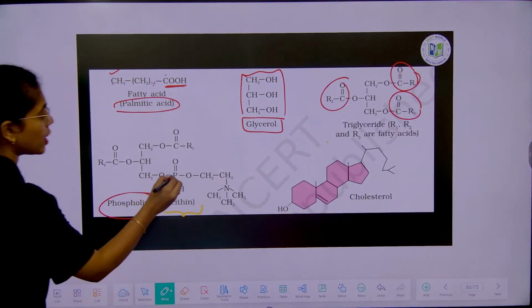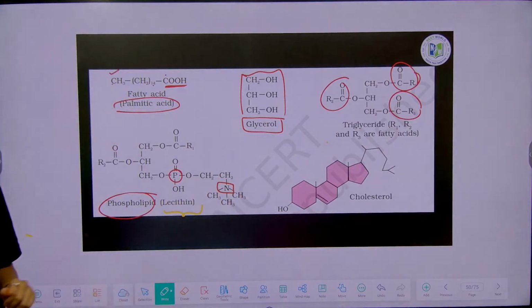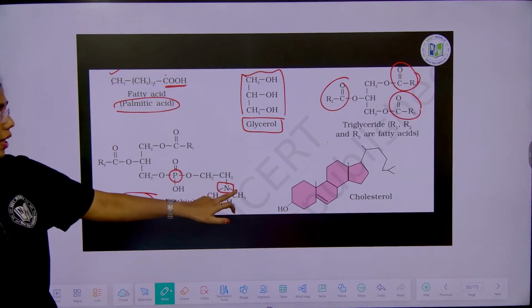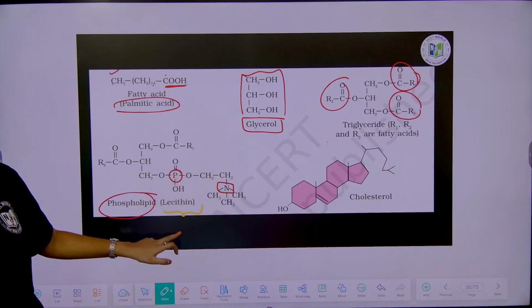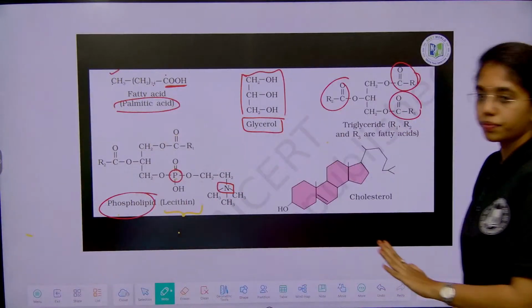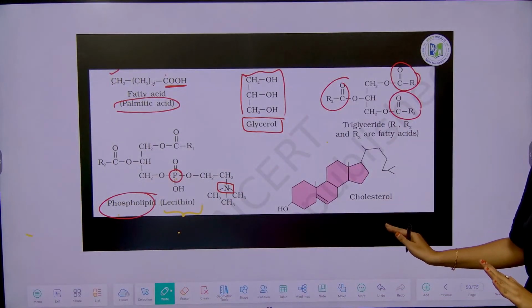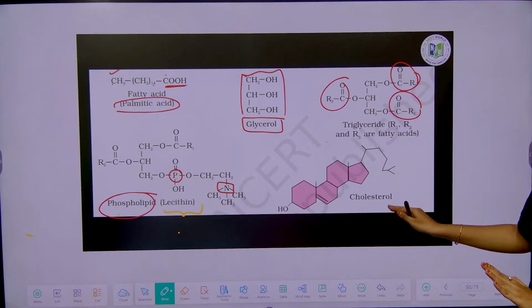Phospholipid or lecithin. Here you can check it out with a phosphate group and nitrogen, which is nitrogen containing what? Choline. And it also has a phosphate group, lecithin, right, which is under phospholipid. And cholesterol, it exhibits fat-like properties. You cannot see a fatty acid here, right? Clear?